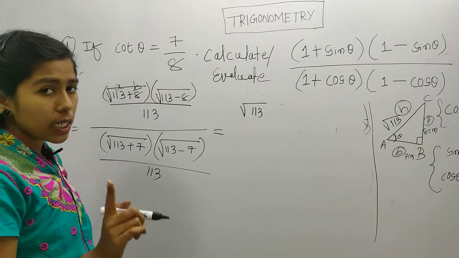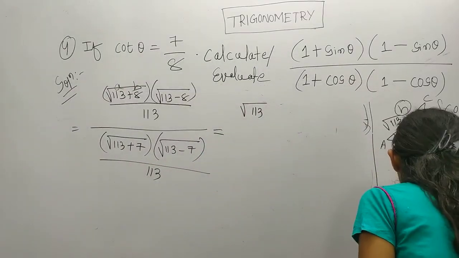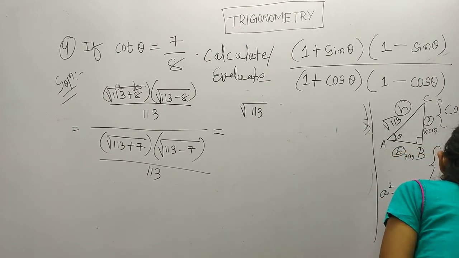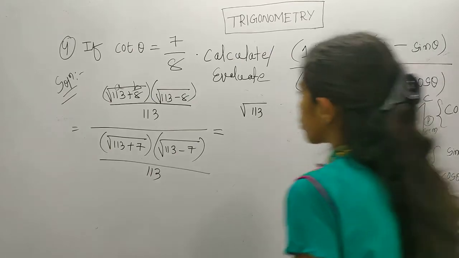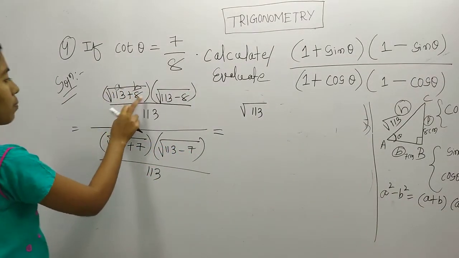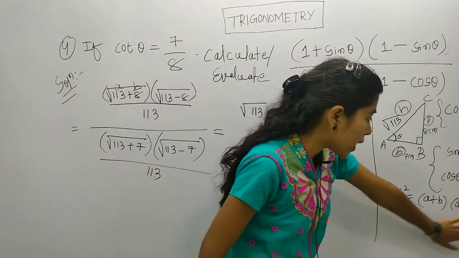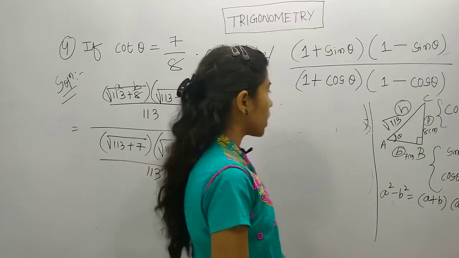Our formula is A square minus B square. Note the formula here: A square minus B square equals A plus B into A minus B. So here it is already given as A plus B into A minus B, so the formula gives A square minus B square.